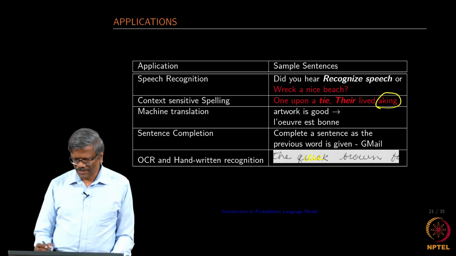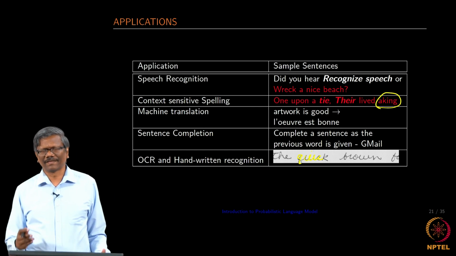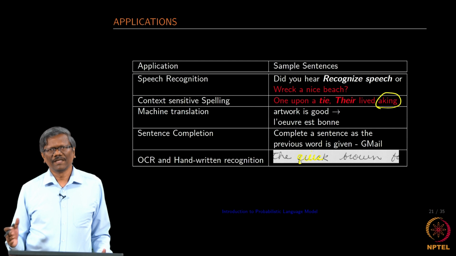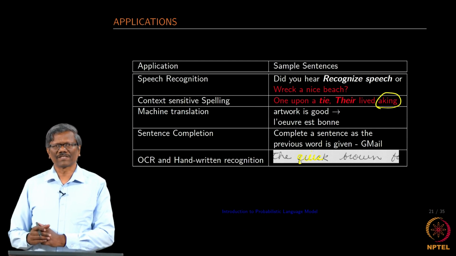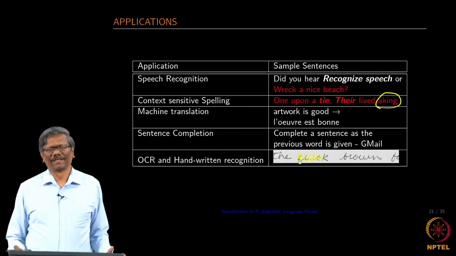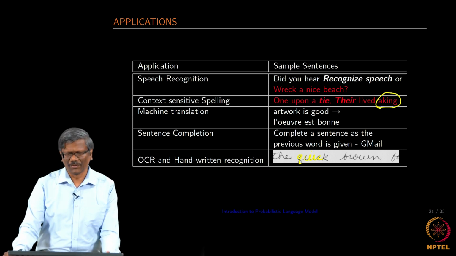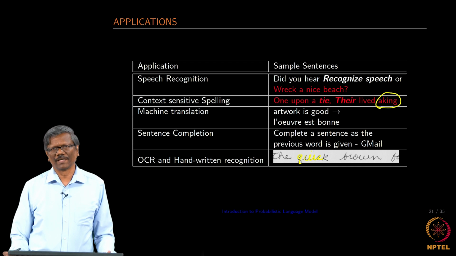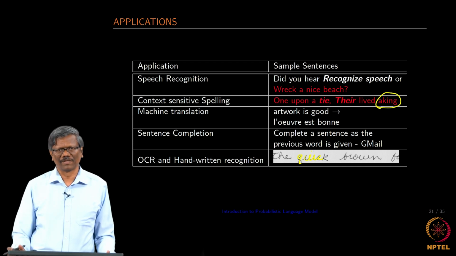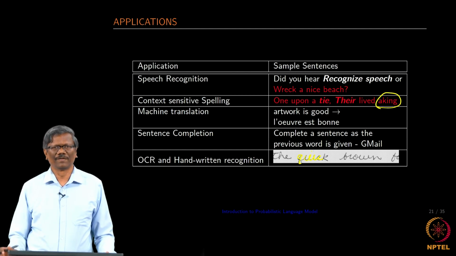So, the Q, if it recognizes Q properly, then it would understand that the next character could be U, and then it could give the possible combinations of words with Q and U as the starting characters, right. So, it could be "quack", it could be "quick", it could be anything that starts with Q and U. It could also give you Q, U, and then since it does not recognize the rest of the word, could say "quit". It could also say "queen" as one of the probable words there.